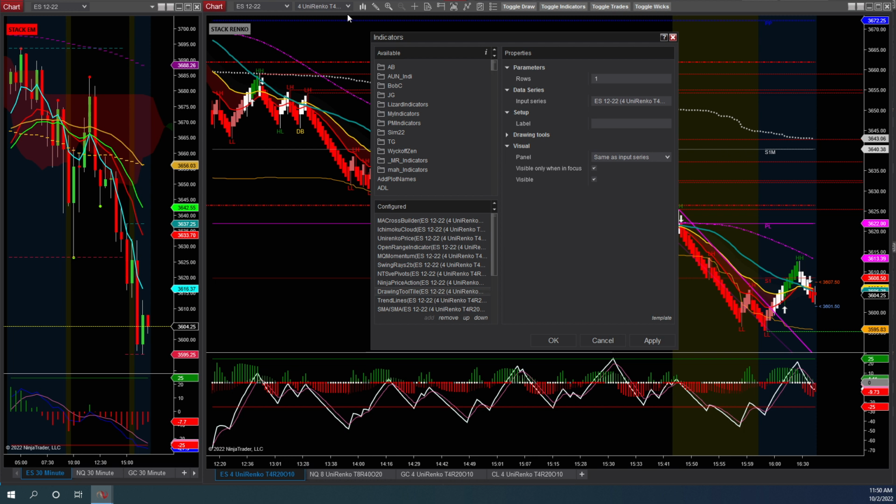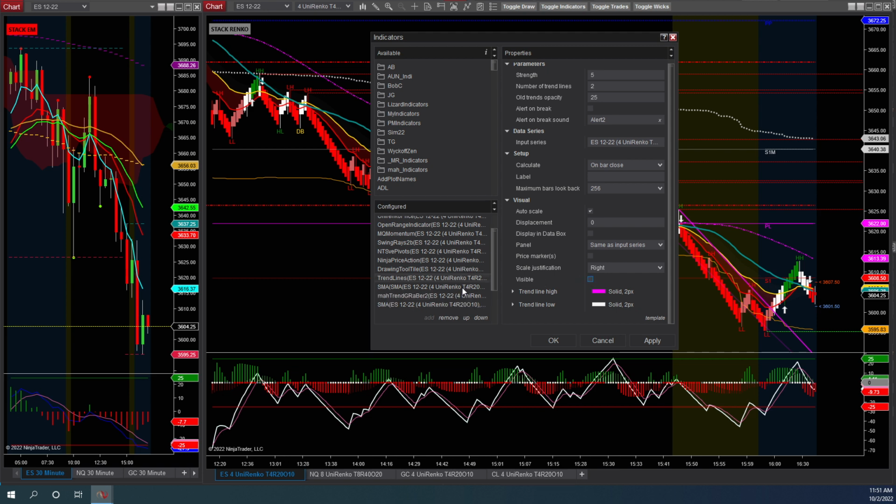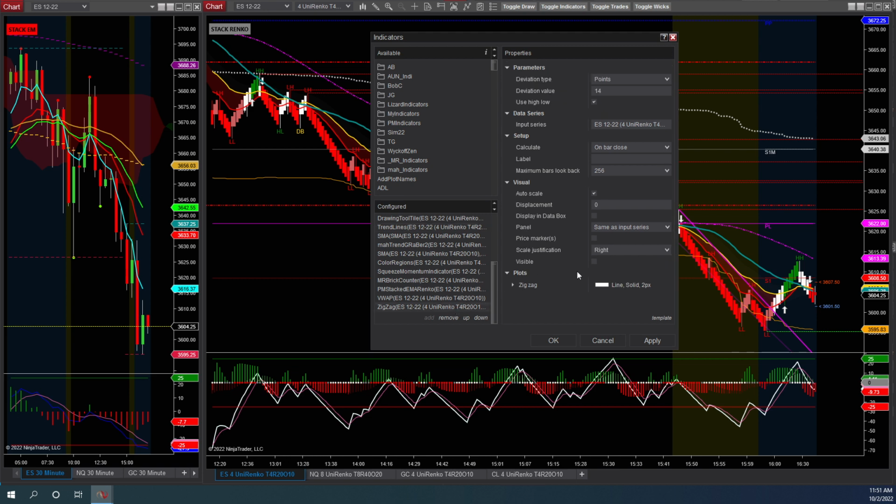This one puts a drawing tool right here, so I can easily access it without any shortcuts. And then trend lines. This one gives me the last trend line here. I'm not going to use it now. And then simple moving average. The zigzag is also closed, and the VWAP.